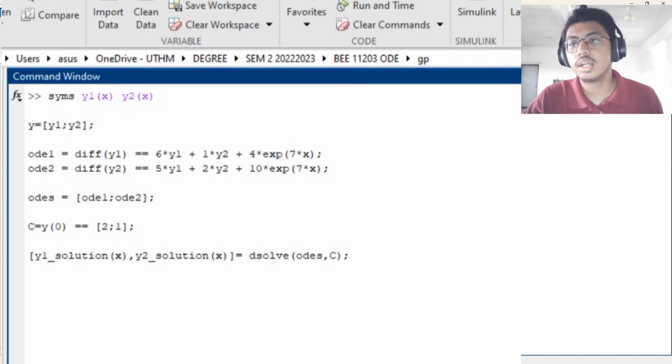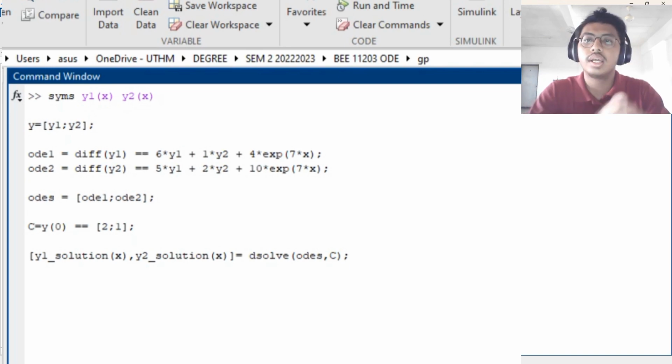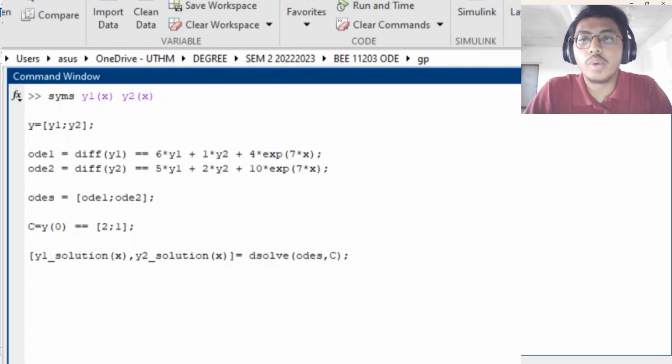The differentiation of y1 equals 6 times y1 plus 1 times y2, plus 4 times exponent 7x. Same as ODE2, differentiation of y2 equals 5 times y1 plus 2 times y2, plus 10 times exponent of 7x.